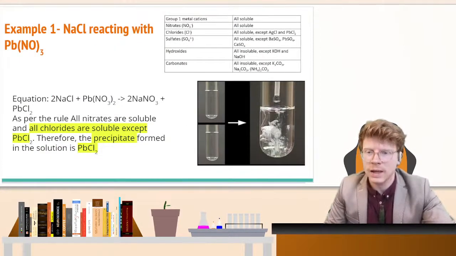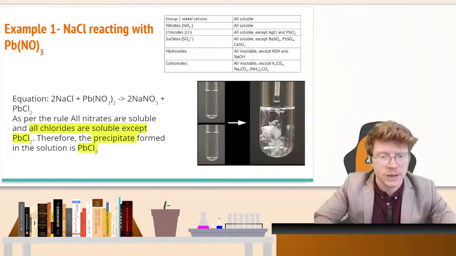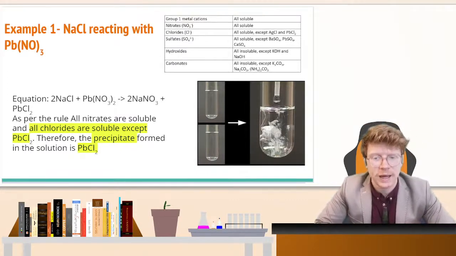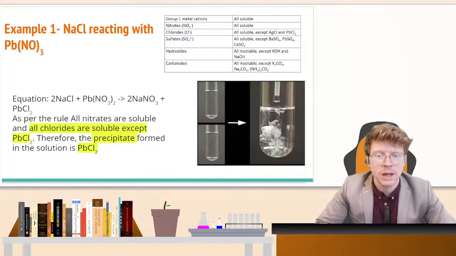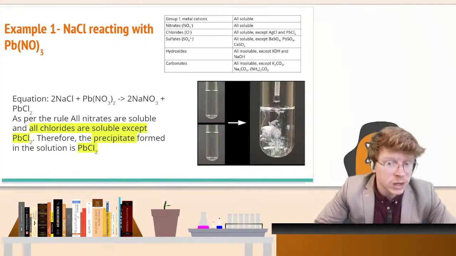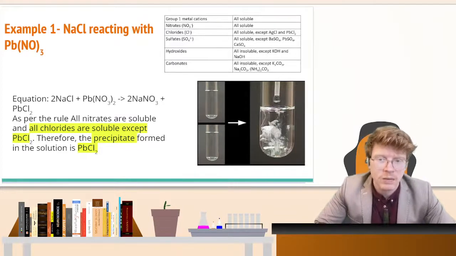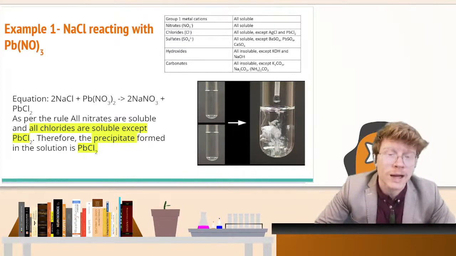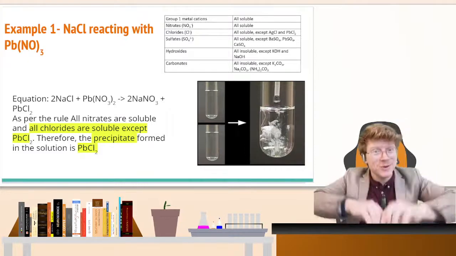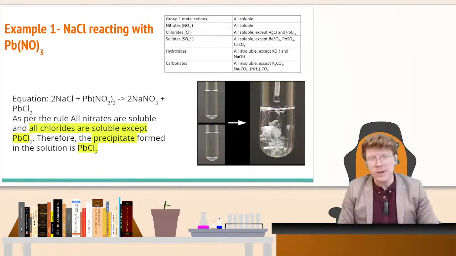So here's another little example for you to have a little bit of a look at, taken from one of last week's slides. Here we have some salty water, sodium chloride, a colorless solution, reacting with lead nitrate, also a clear and colorless solution. When you mix these two clear colorless solutions, oh my goodness, what do you see?